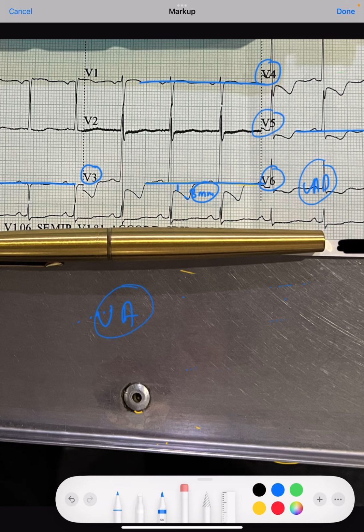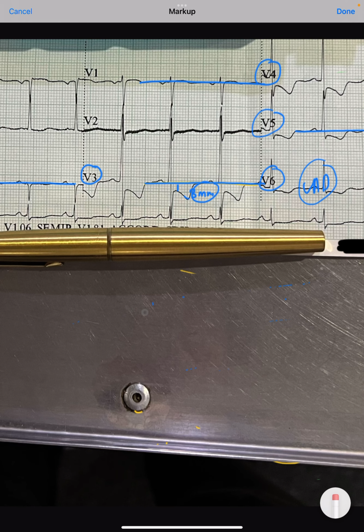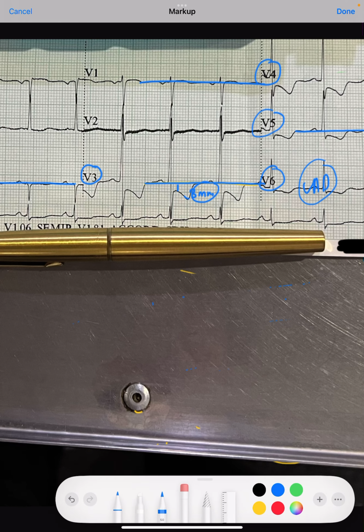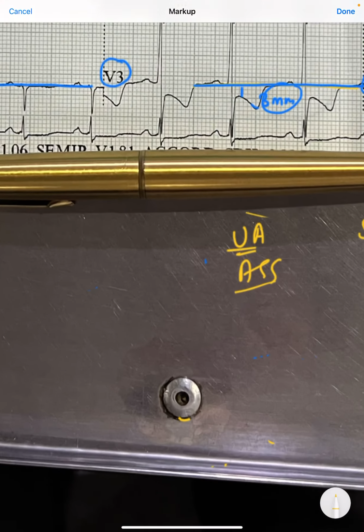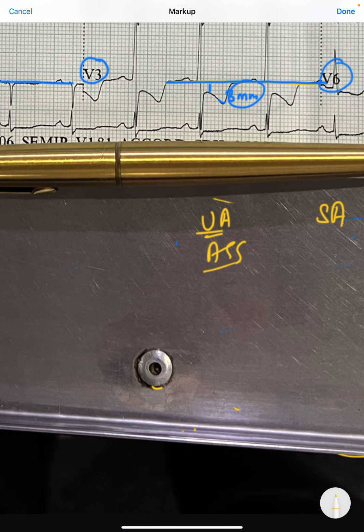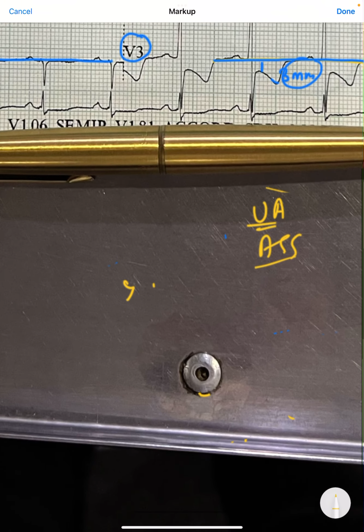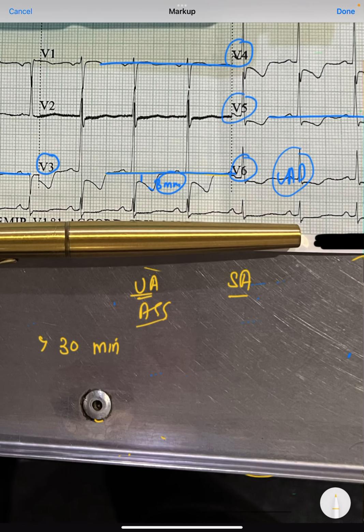So it's very easy and very crystal clear to understand the differences between unstable angina and stable angina. Unstable angina is a part of ACS where the patient presents to the hospital, to the casualty. In unstable angina, the chest pain usually lasts for more than 30 minutes, whereas in stable angina, the chest pain usually lasts for less than 10 minutes.